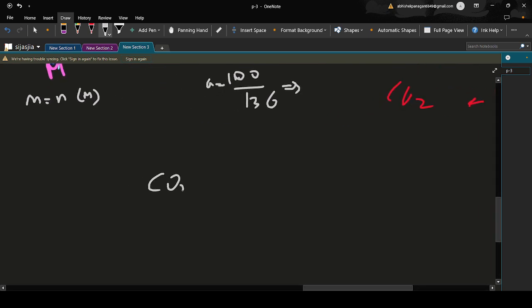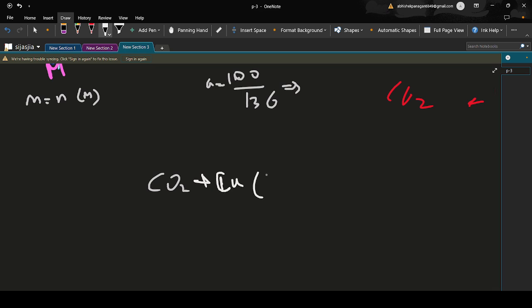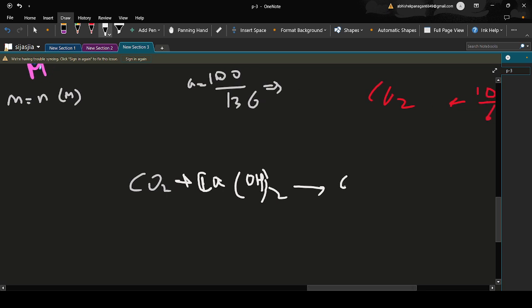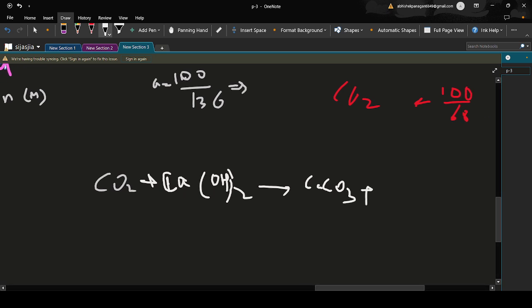If we write down the equation, CO2 plus Ca(OH)2 gives CaCO3 plus H2O.